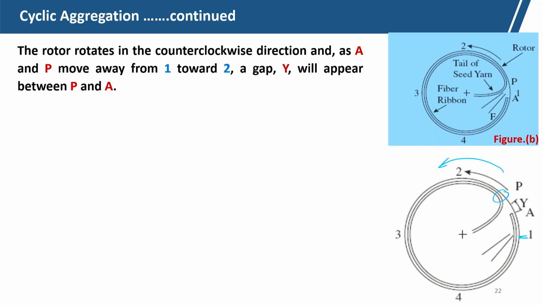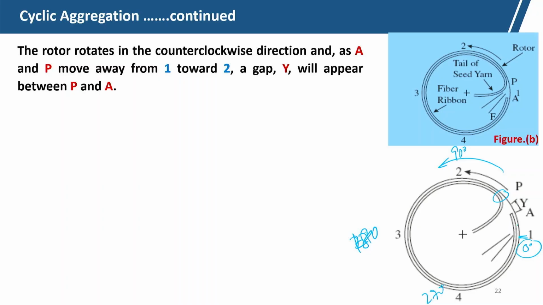Suppose this is 0 degree, here it is 90 degree, 180 degree and 270 degree. That much, we are dividing into 4 equal parts.